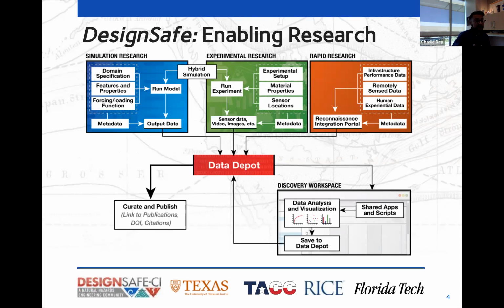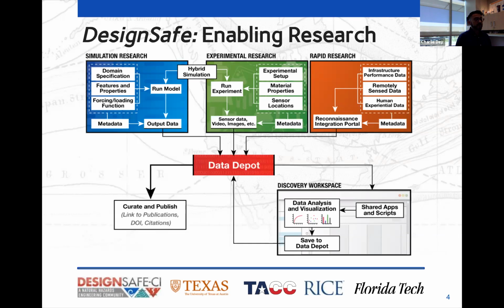That data is then funneled and stored in the DataDepot inside of DesignSafe. DesignSafe then has the Discovery Workspace, where we can take the data, do data analysis and visualization on it, and then update data sets or create new data sets, which are then stored back to the DataDepot. The experimental, rapid, and simulation researchers can then access that data and produce new data and continue this life cycle.